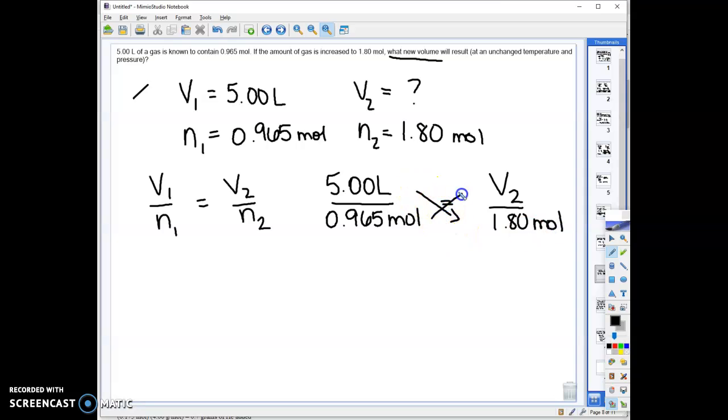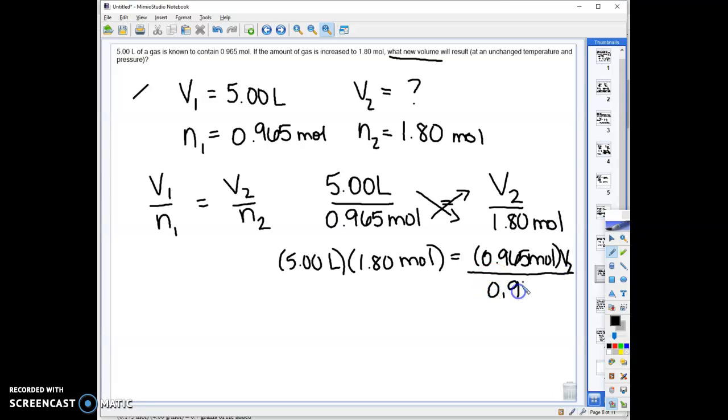I'm going to cross multiply. So I have 5.00 liters times 1.80 moles equals 0.965 moles times V2. I'll divide both sides by 0.965 moles.